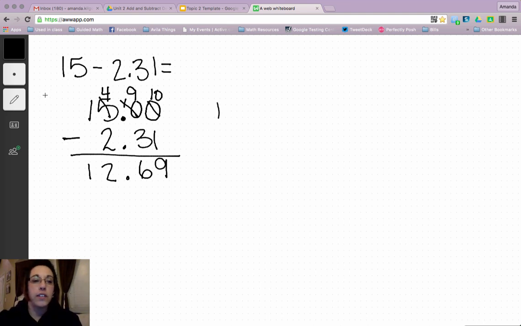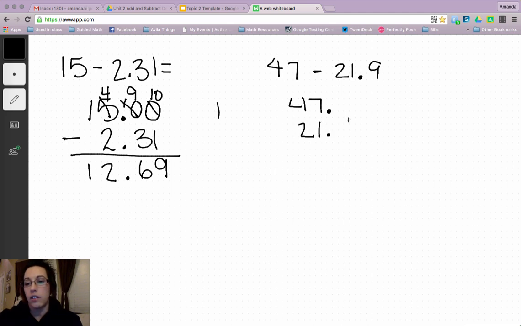Let's look at another example here. 47 subtract 21 and 9 tenths. So we first write them going up and down. 47, add the decimal back in, subtract 21 and 9 tenths.